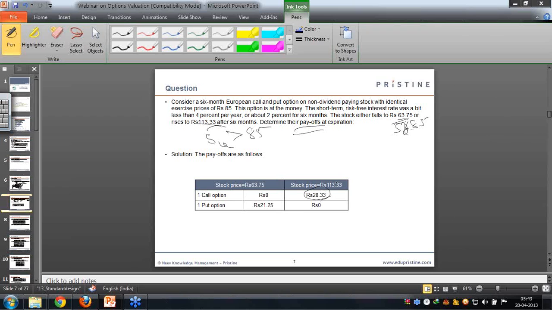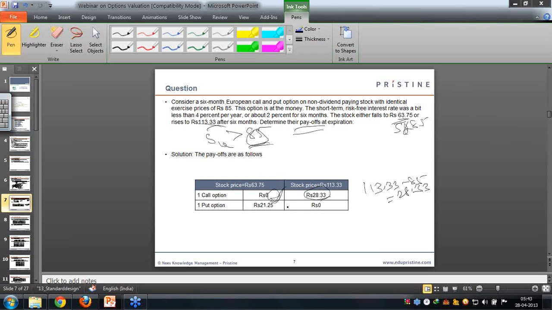We'll execute it when the price is higher than today's price, which is 85. So when the price is 113.33, we'll have a gain of 113.33 minus 85, which is 28.33. And if it is less than that, we won't execute the option, so we'll have a zero payoff.